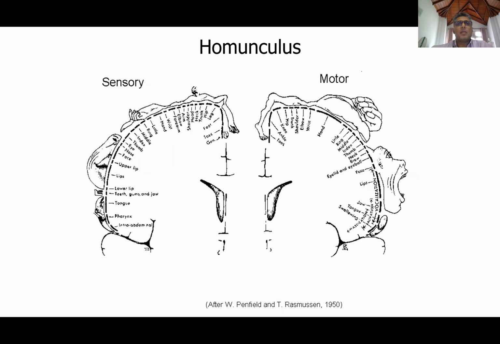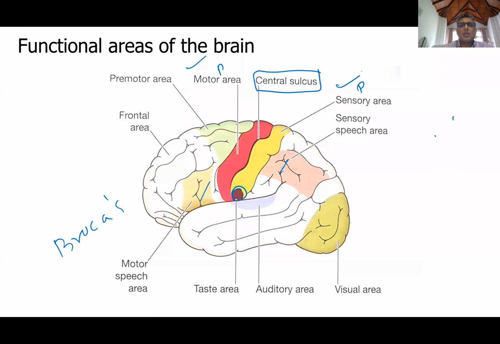Then this concept of homunculus, the physiology people will talk about the homunculus anyway. Now the homunculus is how the body is represented in the cerebral cortex. Now we mentioned a sensory area and a motor area, so this area and this area.